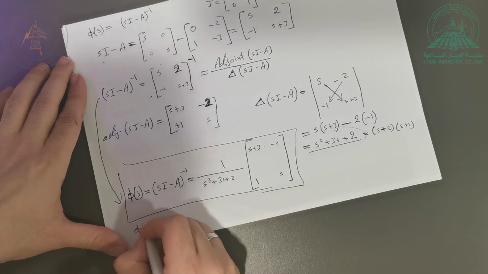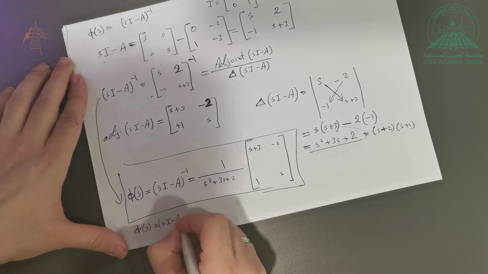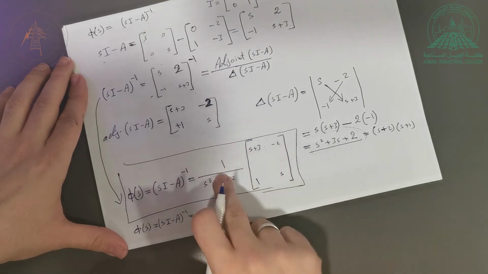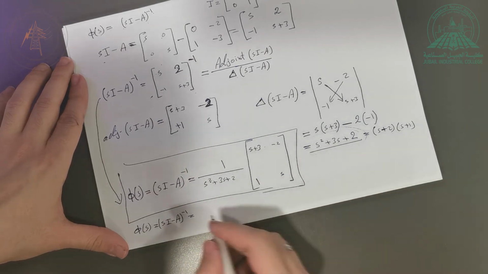So phi of s, which is the inverse of sI minus A, is equal to this inserted into the big bracket of the matrix. You can write it like that or like that. It's fine.